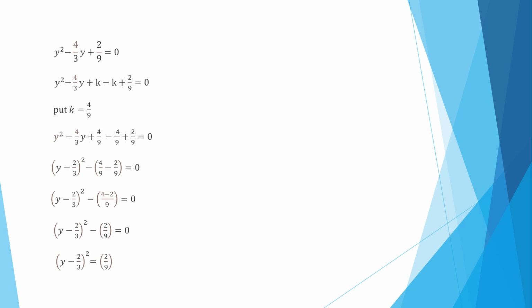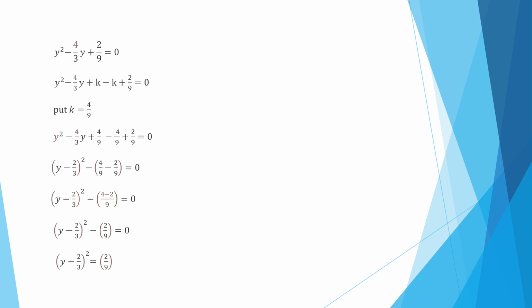So we write (y minus 2 by 3) square minus, here we take the minus sign outside the bracket and in the bracket we write 4 by 9 minus 2 by 9 is equal to 0. So (y minus 2 by 3) square minus, after solving, 4 by 9 minus 2 by 9 is 2 by 9.